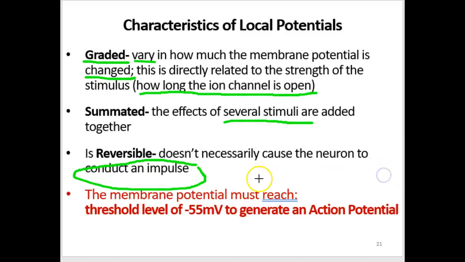It depends on how strong it was. Okay, so in order for a nerve impulse to actually occur, that local potential has to reach -55 millivolts. And then an action potential will happen and you can't stop it. So the action potential is irreversible.